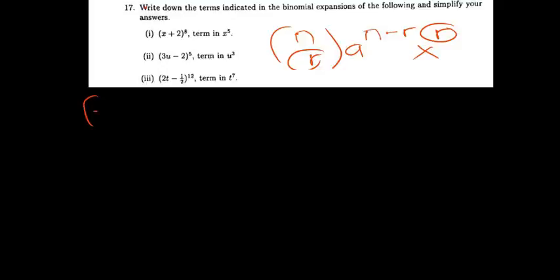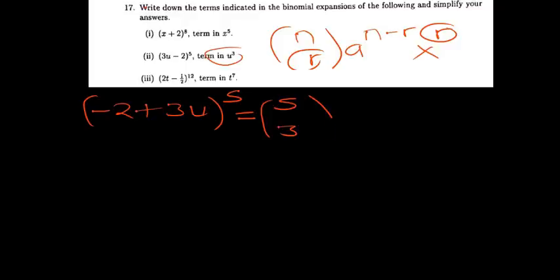So if we start with negative 2 plus 3u raised to the power 5, and then n choose r. N is 5, and r, in this case, is 3, the power on u. So 5 choose 3, times negative 2 raised to the power 5 minus 3, which is 2, and then 3u raised to the power 3.